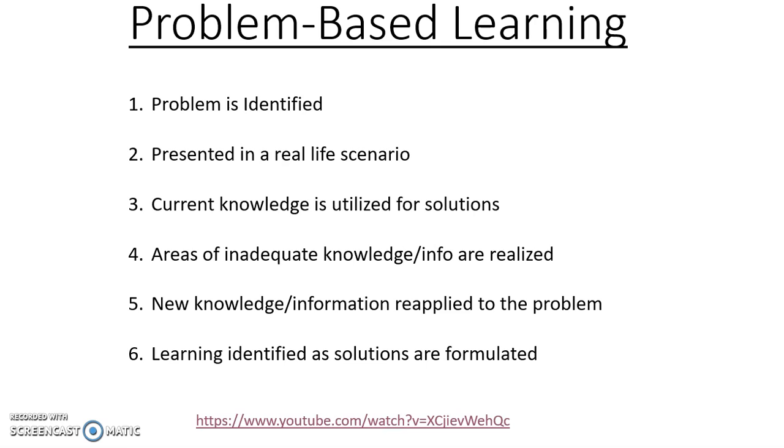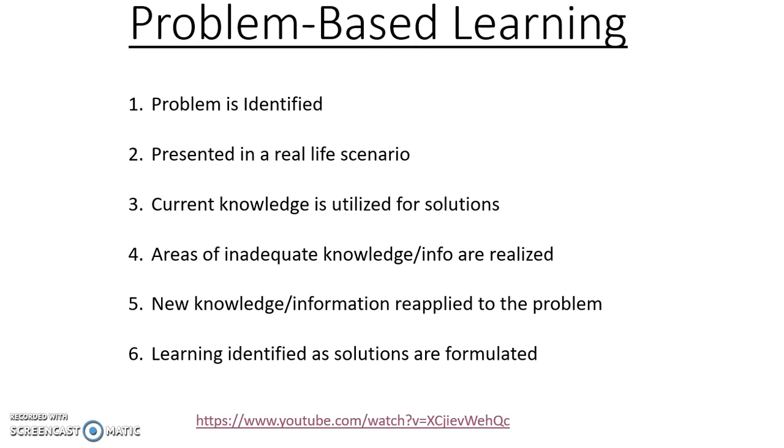And it's unique that there's not just one solution, a right or a wrong answer to it, but it could be a multitude of answers, and that's what's unique about problem-based learning, that it really focuses on students drawing out that knowledge that they currently have.